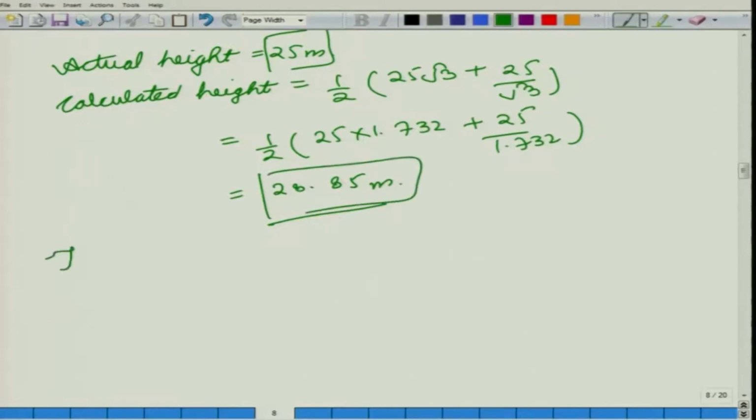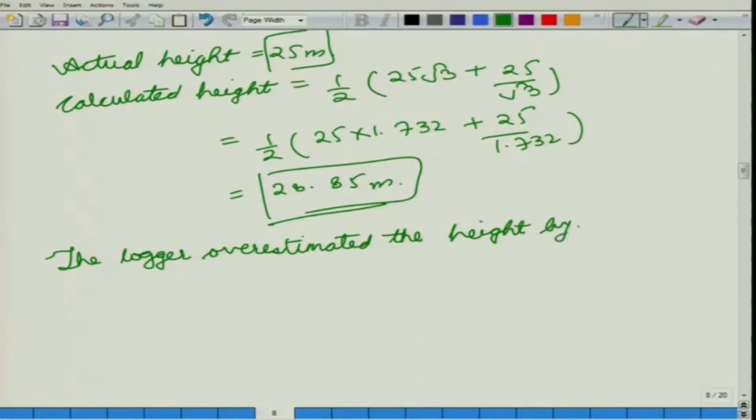So, the logger overestimated the height by 3.85 meters, or if you wanted it in percentage, we can calculate it by 3.85 divided by the actual height into 100, which is equal to 15.4%.